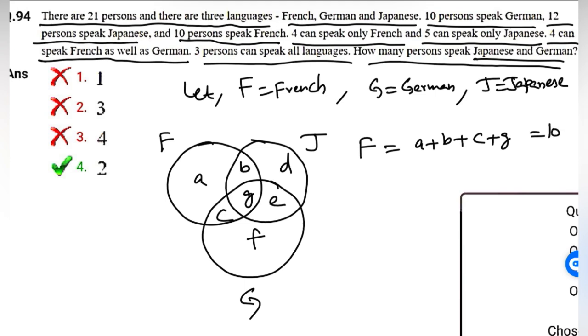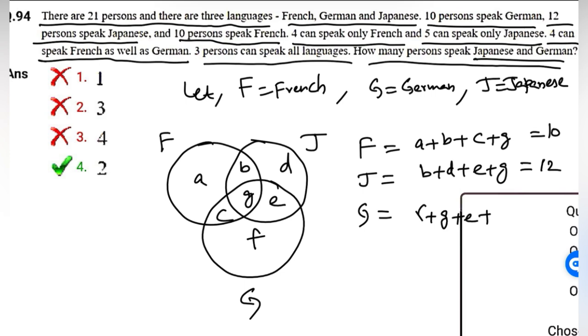And Japanese J is equal to B plus D plus E plus G, which is given as 12. And German here is equal to C plus G plus E plus F and given it is 10.